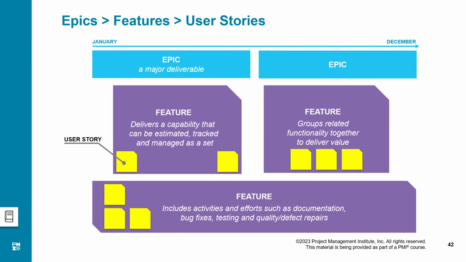What they describe is called an epic. So every requirement they are explaining is considered an epic. An epic is like a user story, but it is a much larger user story.